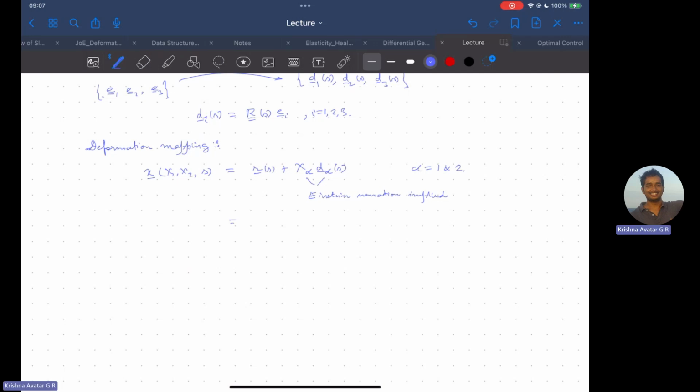And just now we had understood x alpha and d alpha of s. Mind you that alpha, beta, and Greek letters take values from 1 and 2, and the Roman letters, to represent numbers, can take values from 1, 2, 3.